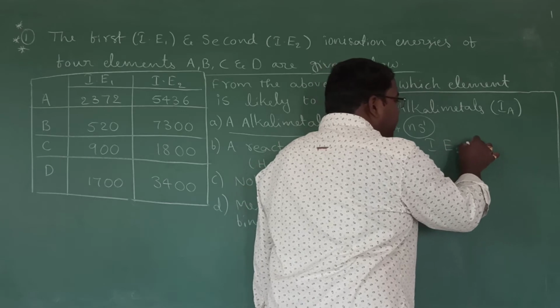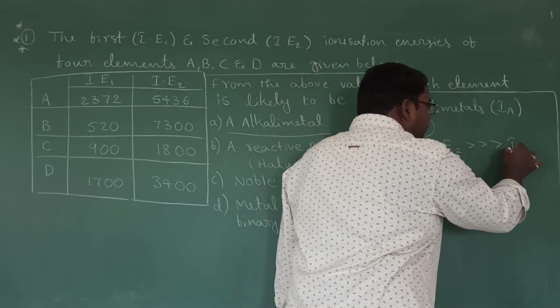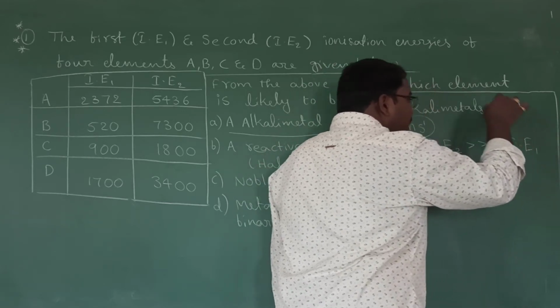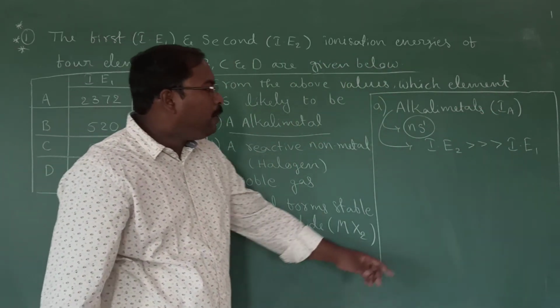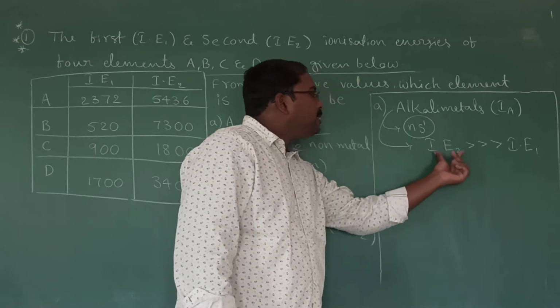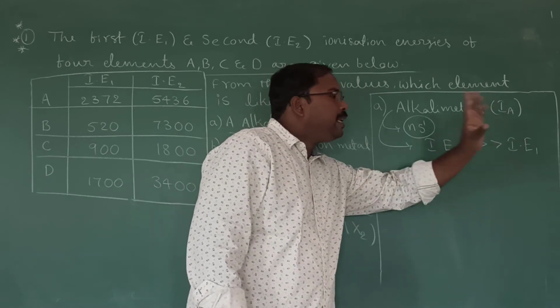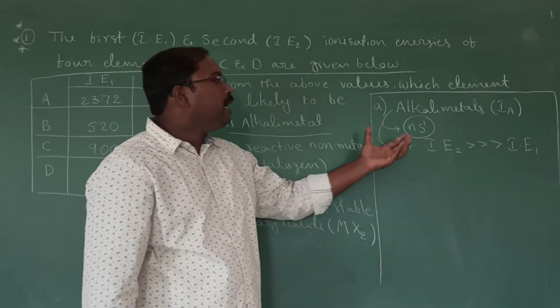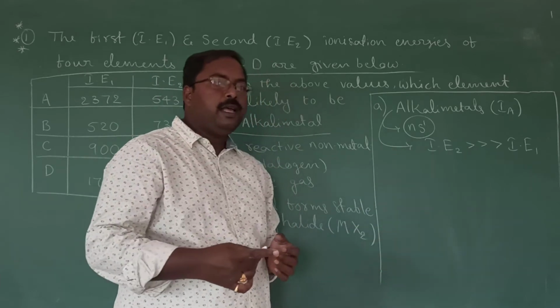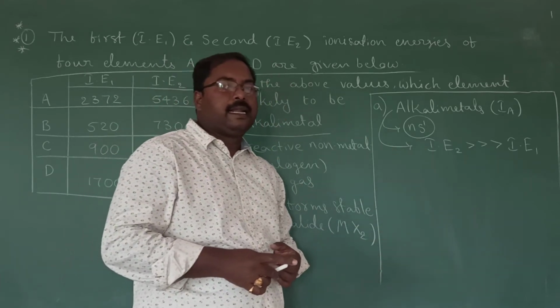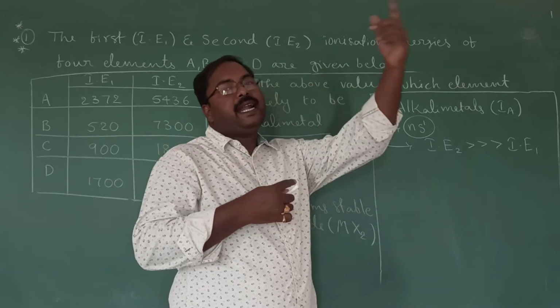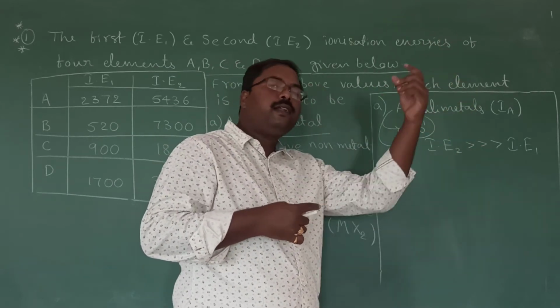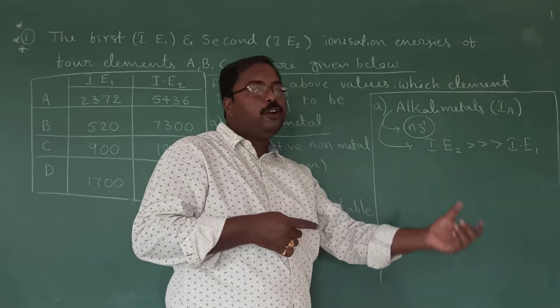When it has one valence electron, the second ionization energy is very much higher than the first ionization energy. On what basis am I saying this? Alkali metals, present in the first group, contain only one valence electron. To remove the second electron, we have to go to the inner shell, so it is difficult to remove.